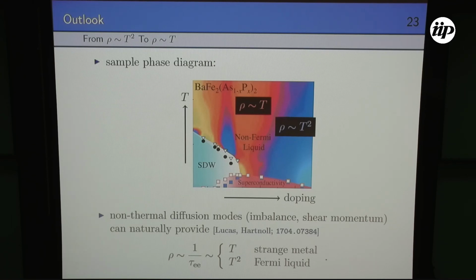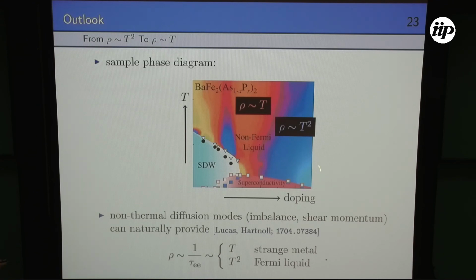And that's nice because we do have a lot of theories that have T-linear momentum-conserving scattering rates to describe this strange metal. Okay? So now that we have our mechanism, namely this sort of magnetic disorder, or more generally anything that couples to a non-thermal diffusion mode, what disorder that couples to these modes does is it converts a momentum-conserving scattering rate, at least heuristically, into the scattering rate that shows up in the conventional Drude formula.